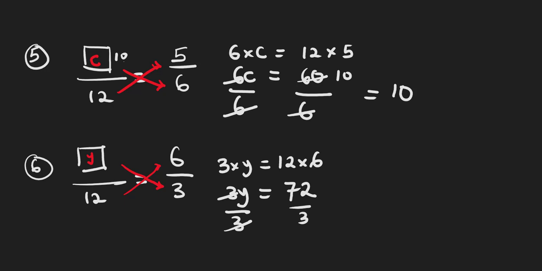So 72 divided by 3 is 24, right? If you check it, this one can divide 3, 24 times. So the answer is 24. Because 24 divided by 4 is 6 and 12 divided by 4 is 3. So these are actually equivalent fractions. I hope it's very clear, right?